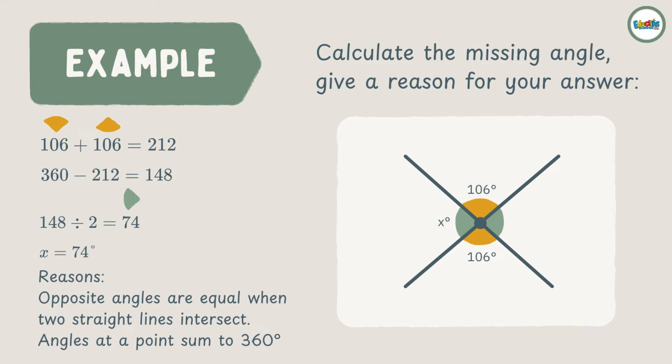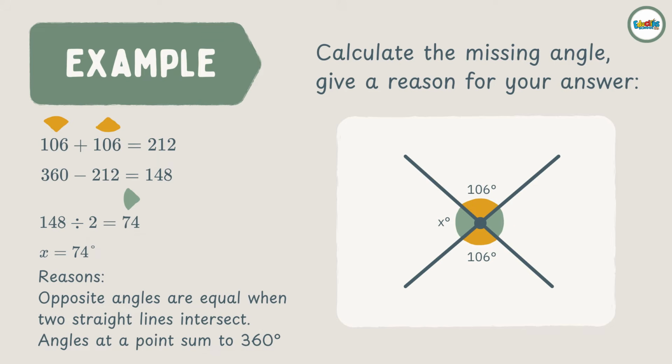Now I know that the pair of angles remaining have to be equal. So what's my next step? Well, my next step is to subtract 212, which is the two angles of 106 degrees, from 360. When I do this, I'm left with 148 degrees to split between two equal remaining angles.